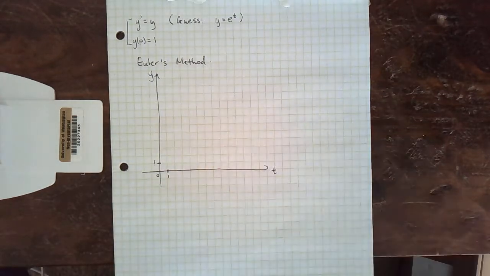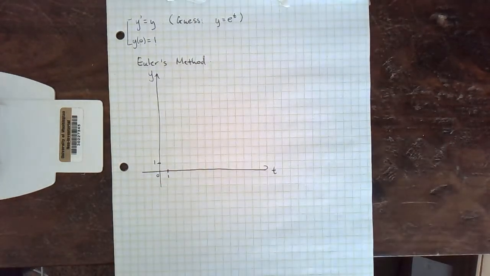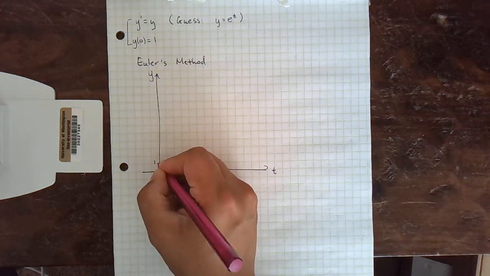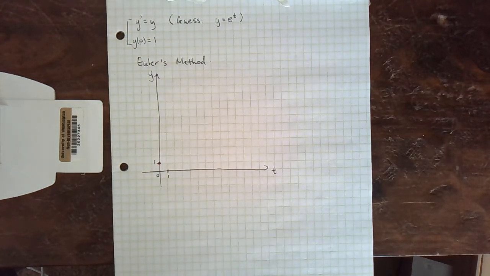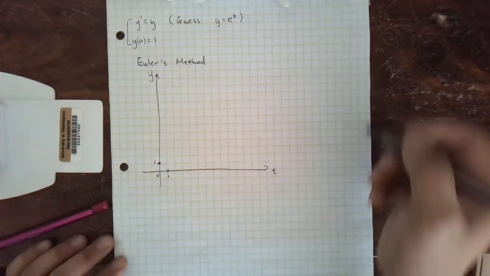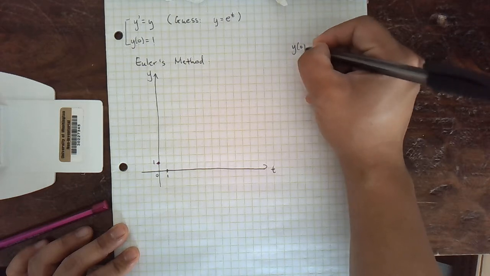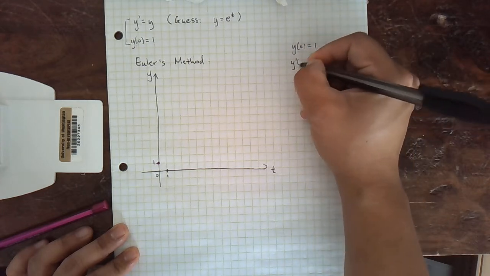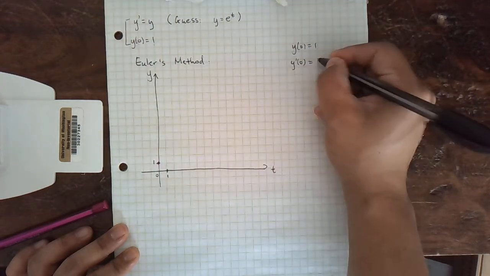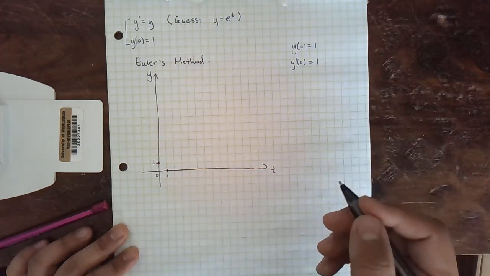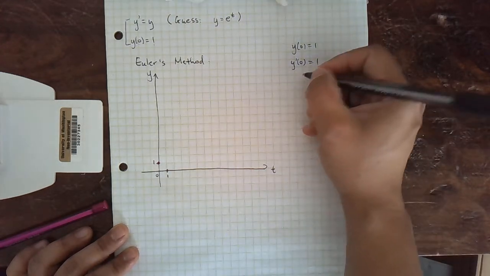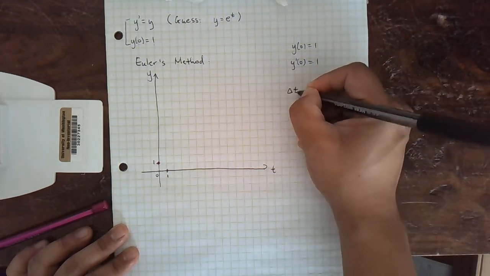Okay, so we're going to plot this point. We'll plot the point y of 0 is 1, right there. And then we're going to calculate y prime of 0. Okay, so y of 0 is 1, and then y prime of 0 is equal to y, so it's also 1. So now you have a slope of 1, and then we have to decide on a delta t.